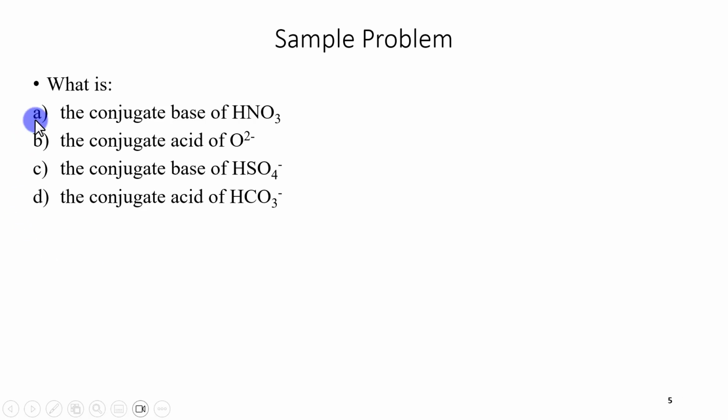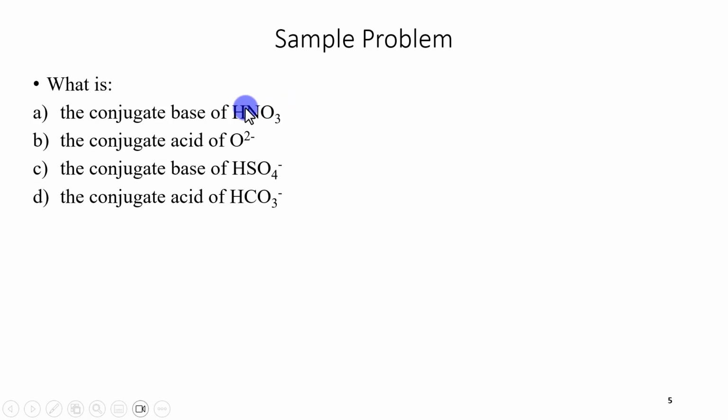Let's try a sample problem. What is the conjugate base of HNO3? Note that this is acting as the acid. It's telling you the conjugate base. This is the acid, so it's going to lose a proton, that hydrogen. Since it only has one hydrogen, it is completely removed from NO3. I also lose a positive charge, because I lose an H plus.